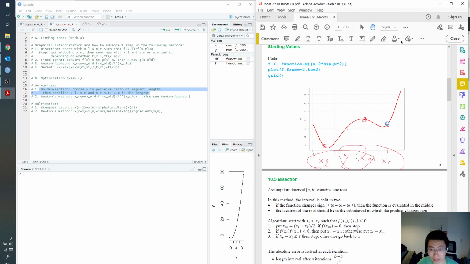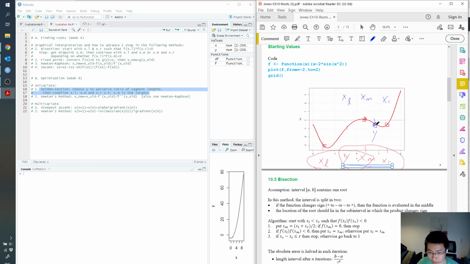So in my second iteration, let's see if I have a different color here. So in my second iteration, I'm going to use these 3 numbers, and then this y is going to be my new XL, this middle point is going to be my XM, and this right point is going to be my XR. Right, and then within here, I will be able to calculate a new y.